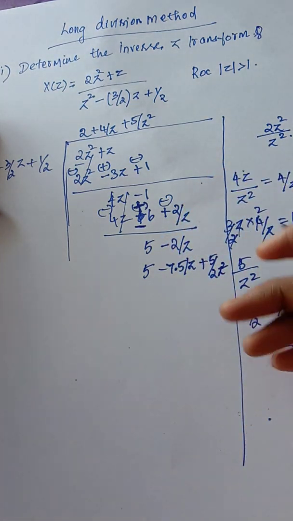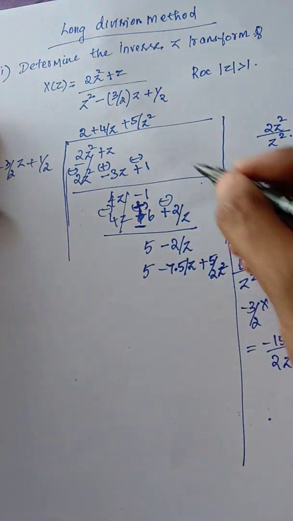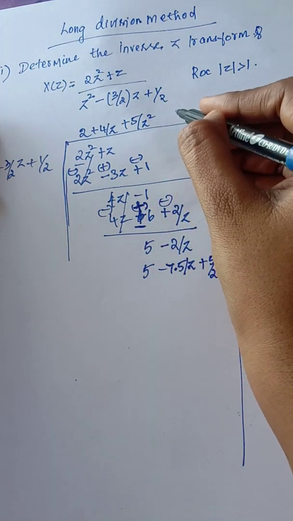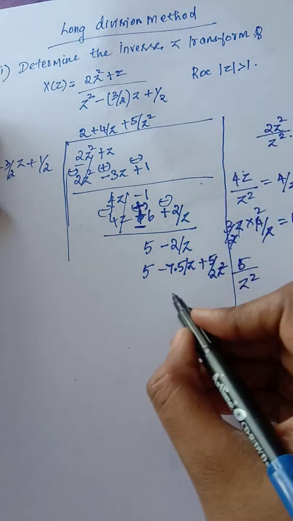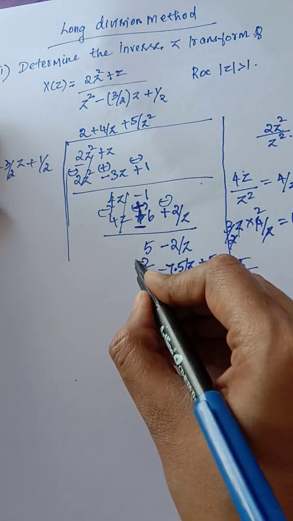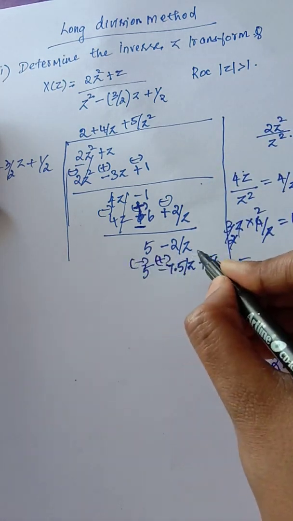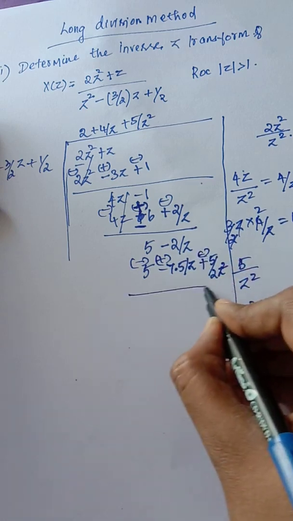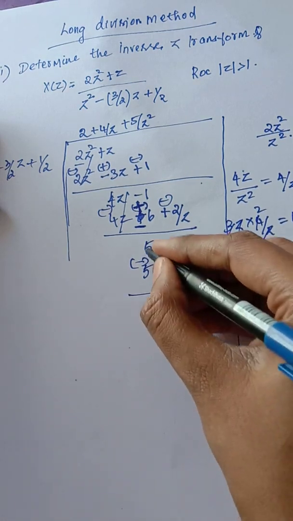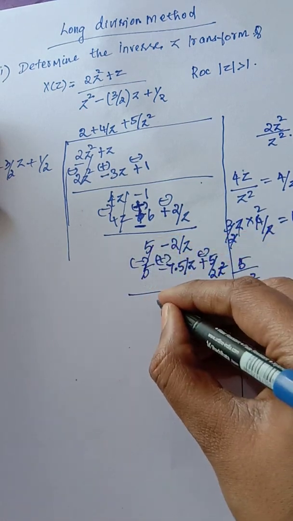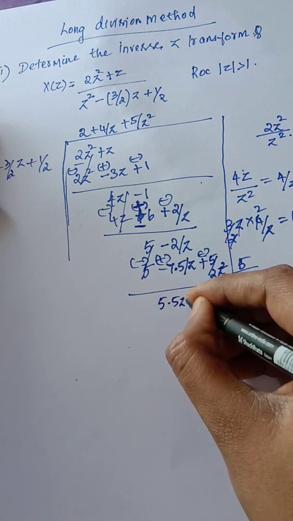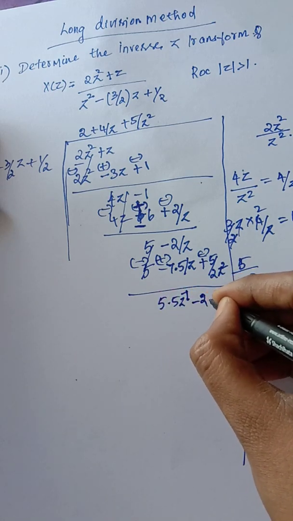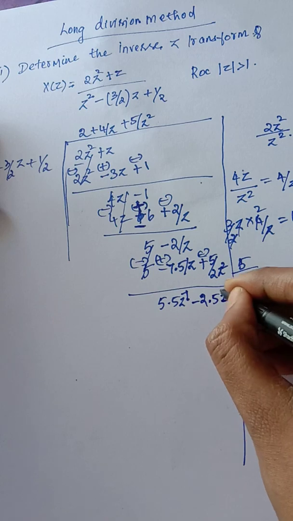This won't end, it will proceed, so you just find up to 3 terms of the sequence and then put a dot for this. Now, with the same procedure, you need to change the minus sign. This will get cancelled, so you will get plus 5.5 by z minus 2.5 by z square.